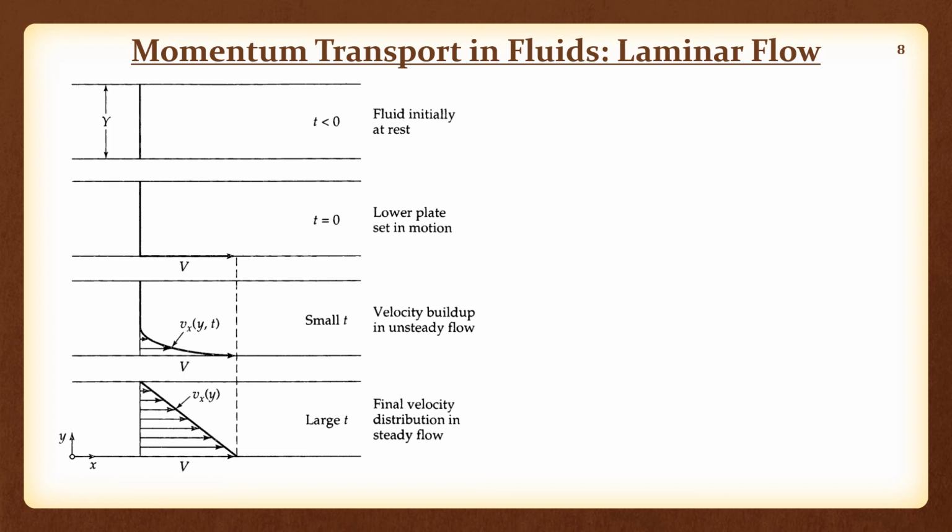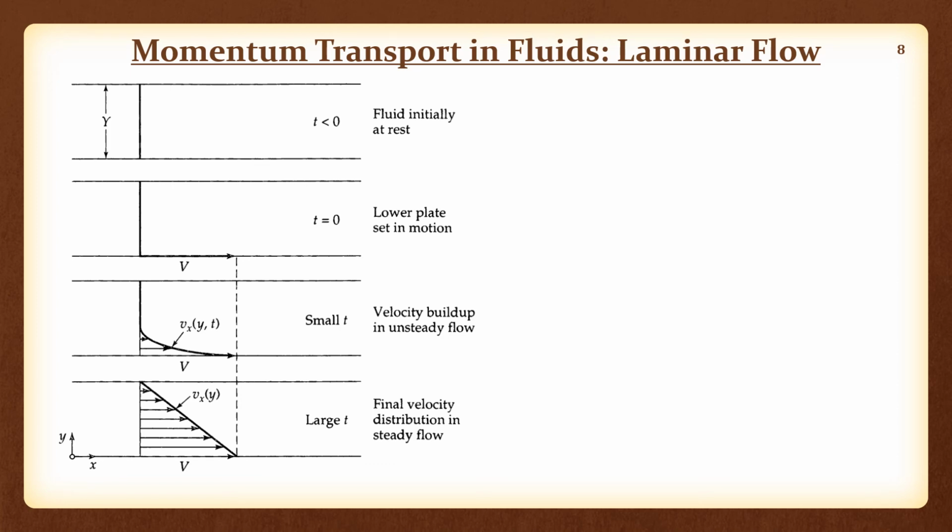Then at long times, the steady state velocity profile is established. The layer of fluid that is wetting or adhering to the moving lower surface will be dragged at the same velocity as that of the lower surface, and that is the no slip.